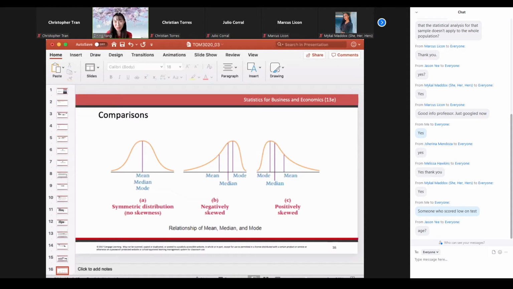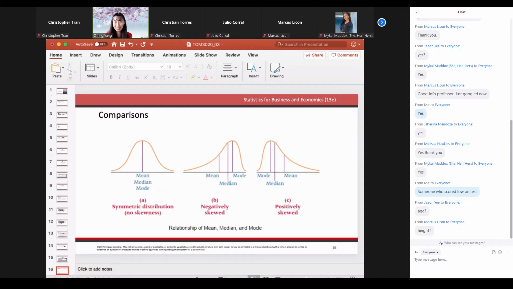What other examples can we think about? Height, yes. Thank you, Marcus. Usually, if we look at a society or a large organization, the height is normally distributed.